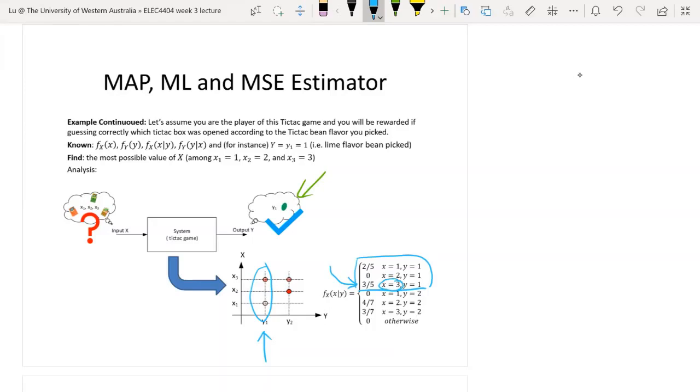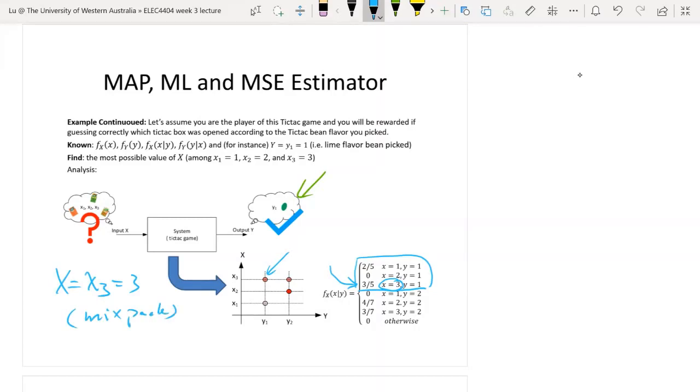In other words, for this question, if you really pick up the green bin from the bag, then we need to think the mixed pack, where x equal to x3, has the highest chance to be selected. So in other words, most likely we are picking up this thing, which is the mixed pack of the tic-tac.